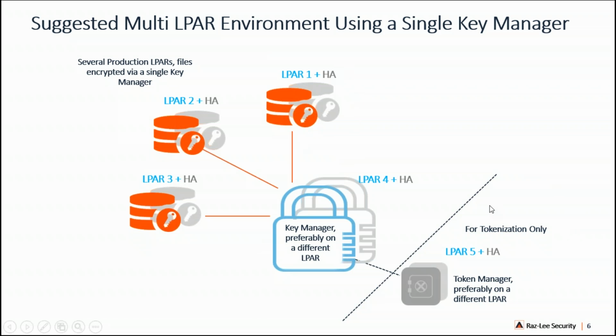So tokenization provides another layer of security, but tokenization is more complex. It's usually slower because it has everything that is in encryption, but it has to go through another stage and so on. And sometimes it's more convenient because we can move the data with just the tokens, and still here we shall have a single token manager which has the encryption of each one of all the LPARs in the organization.